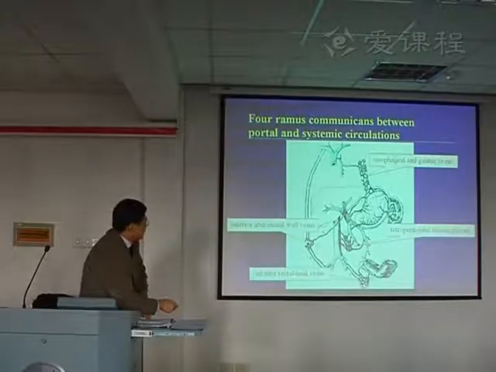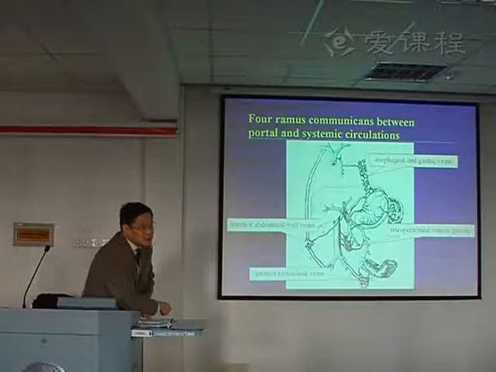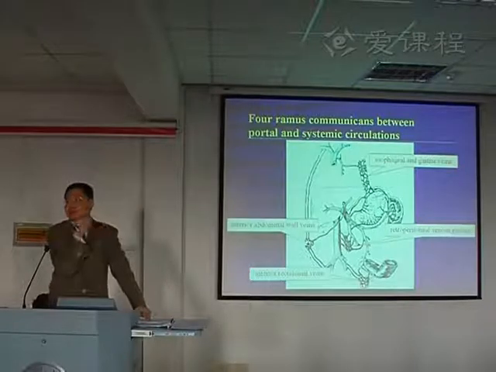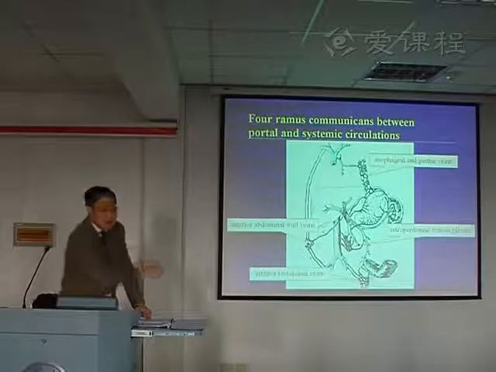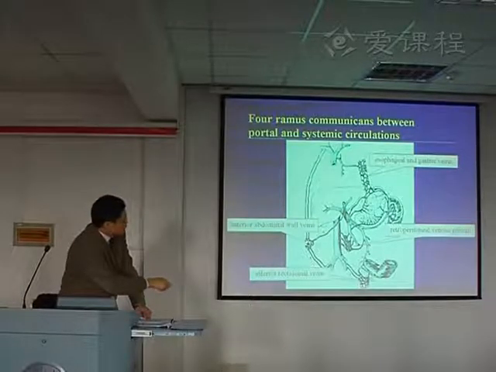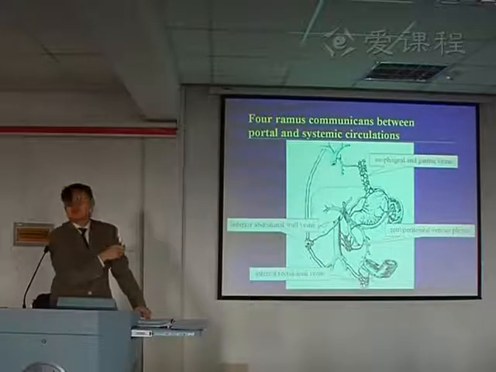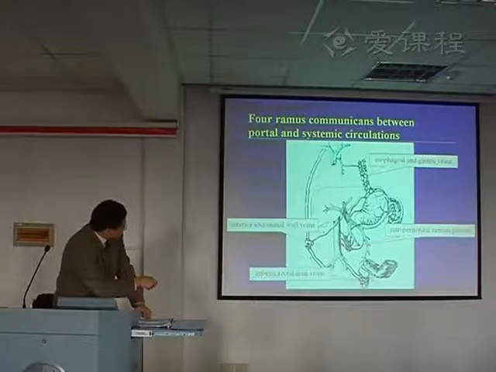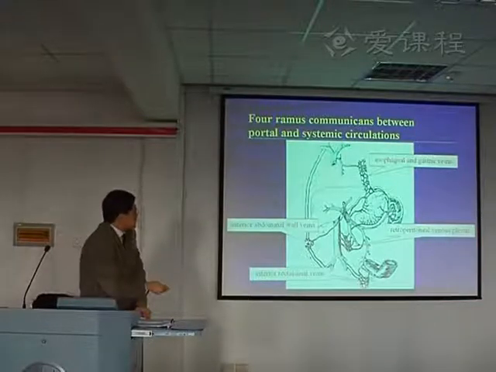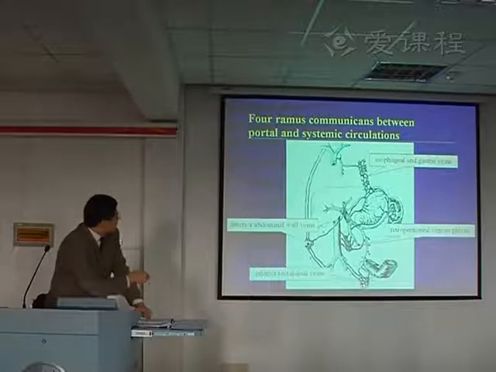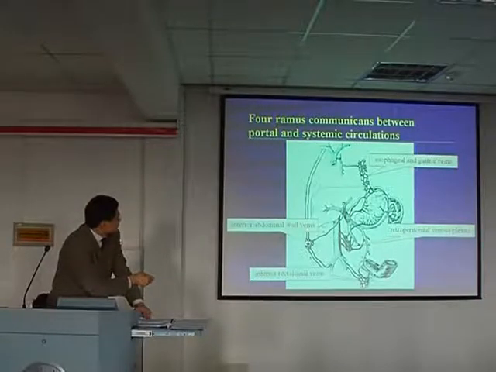The inferior rectal vein drains systemically, and the anal vein drains systemically, and the superior rectal vein drains into the portal vein. And the peritoneal venous plexus, anterior abdominal wall vein.